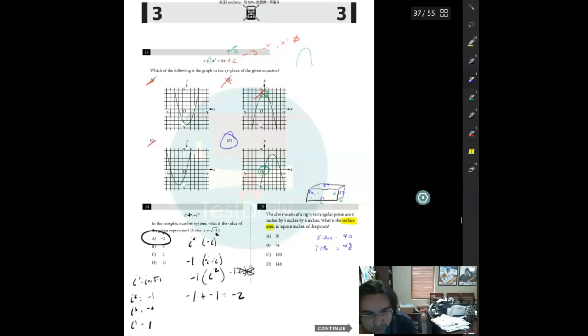And then the front and back would be 6 times 5, which would give me 30, so that'd be 60. If you add up those values, you get 148. So you get D as the answer choice on that. So you're adding all the surface sides together on this one.